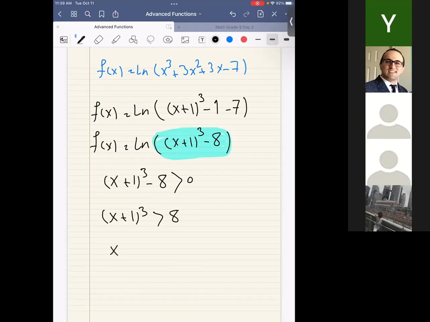So that means x plus 1 is greater than 2, and that means x has to be greater than 1.